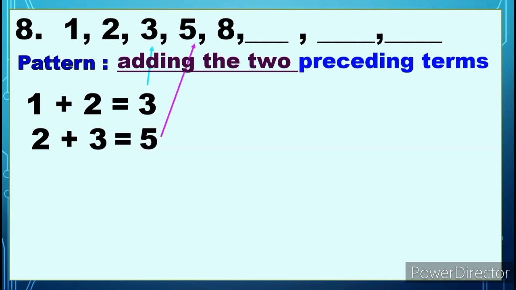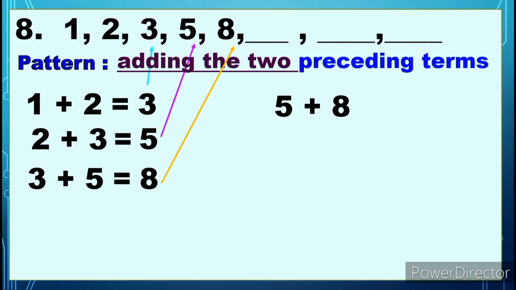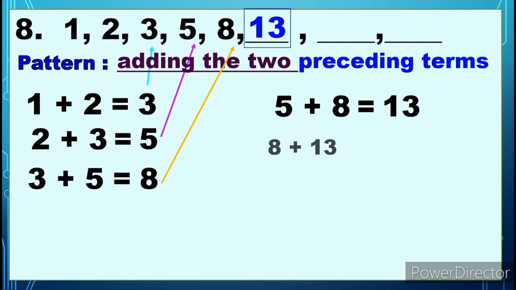Then, magkatabi yung 3 and 5. I-add natin yung dalawang magkatabing term. So, 3 plus 5 equals 8. So, that is the next term. And then, add natin yung 5 and 8, which is magkatabi yung term na yon. 5 plus 8 equals 13. And then, the next term is 13.